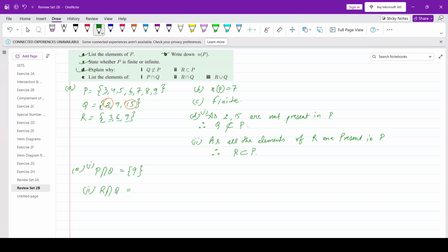R intersection Q. R and Q have only one element in common, that is 9. R union Q. Therefore, R union Q is going to be 2, 9, 15, 3, and 6. Let's go to the next question.